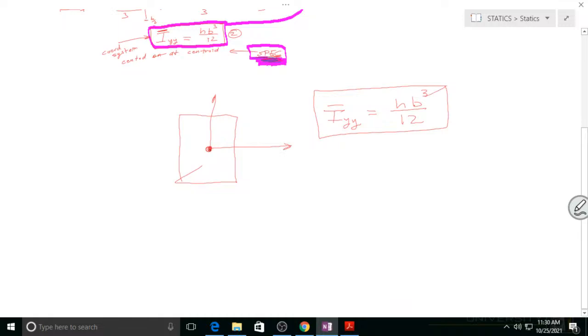Now, if I move this location down to here and then back to here, I get a new coordinate. This distance, I have to remember, is b over 2, minus b over 2, h over 2, h over 2 here, positive on top, negative on the bottom.